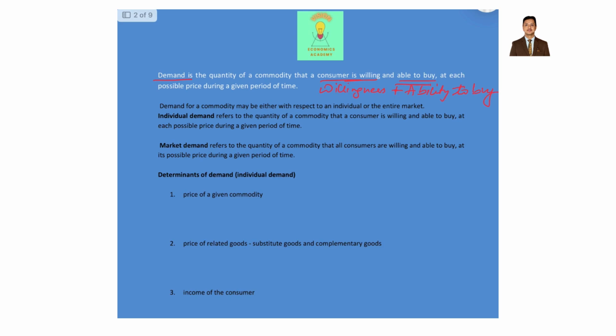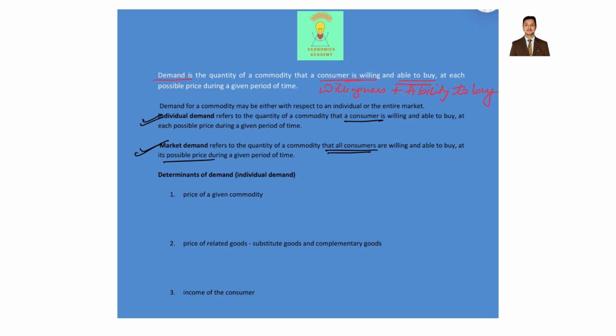Now, individual demand. Individual demand refers to how much one person buys. So a consumer, we're talking about a consumer that is willing and able to buy, whereas as far as market is concerned, we are talking about all the consumers in the market, those who are willing and able to buy the goods and services at its possible price.